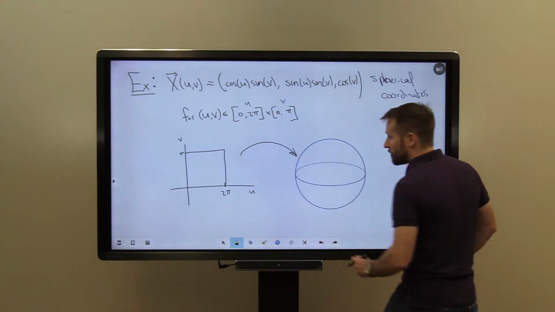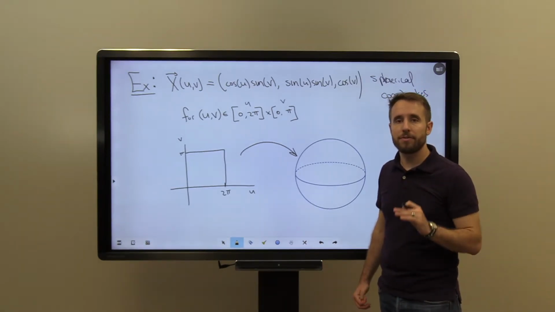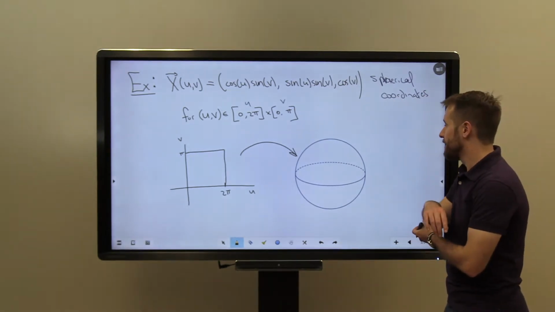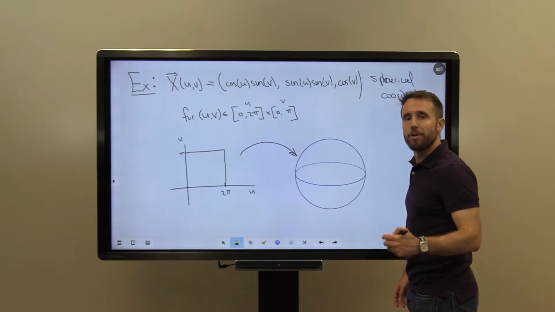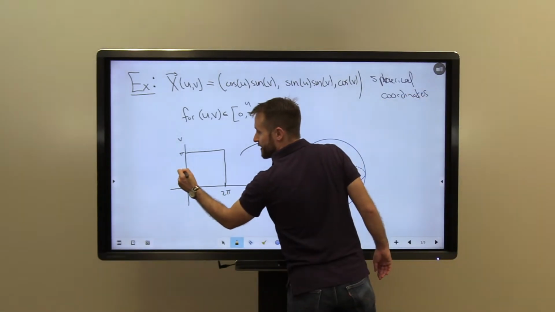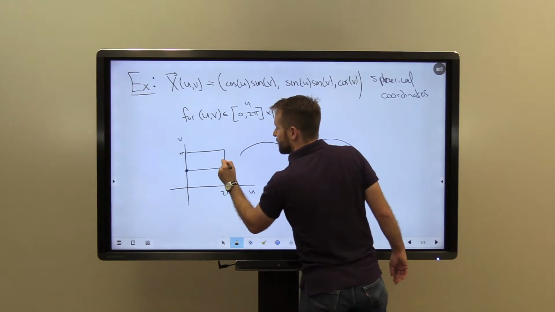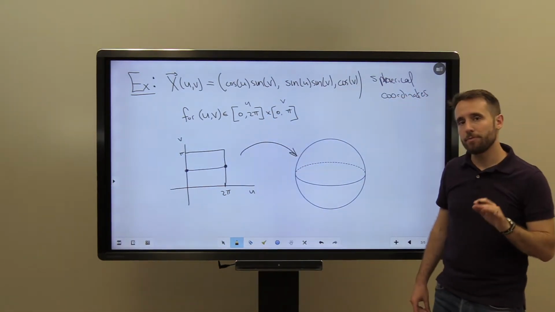Now, that being said, let's take a look at some of the coordinate curves that we can compute here, right? And we'll see something kind of interesting. In particular, I want to look at, let's say, 3 of them. Let's start with this coordinate curve going from here to here. This has a fixed height at v equals pi over 2.